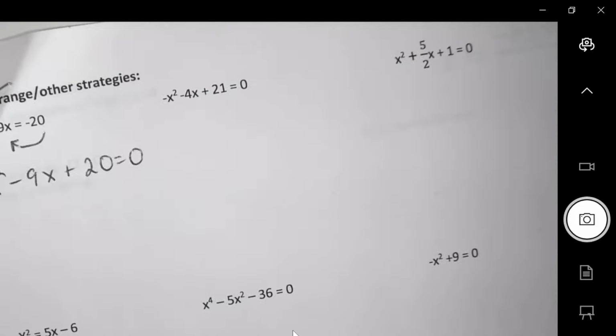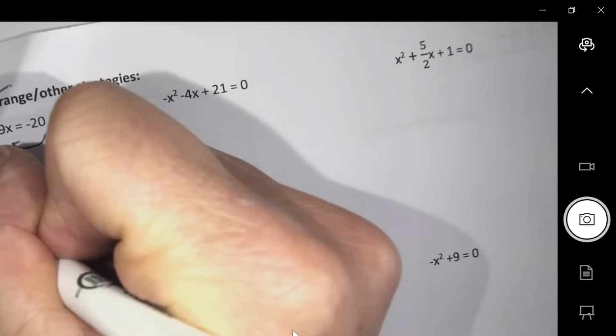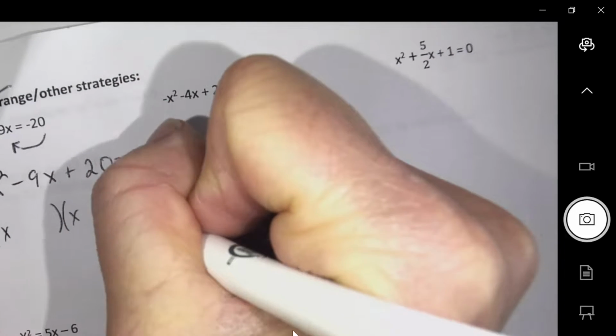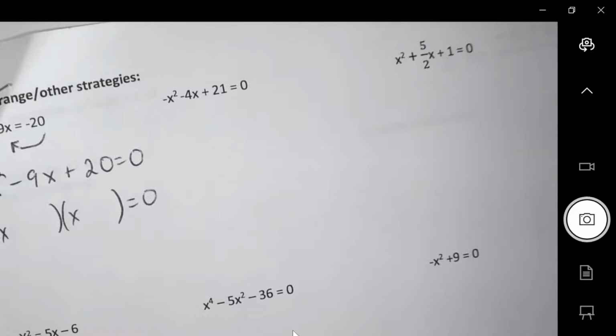Now I go through on my algebra sheet. What does this look like? If I was to factor it, which style would I be recognizing? Simple. So x and x are in two brackets. And then we do the simple rules: multiplies to the end, adds to the middle.